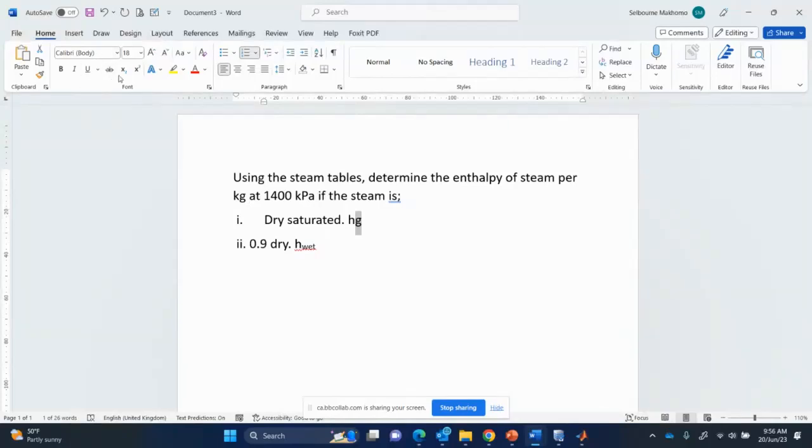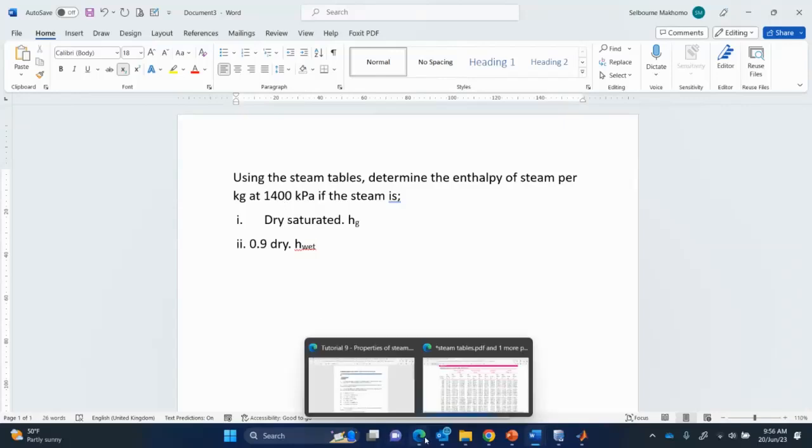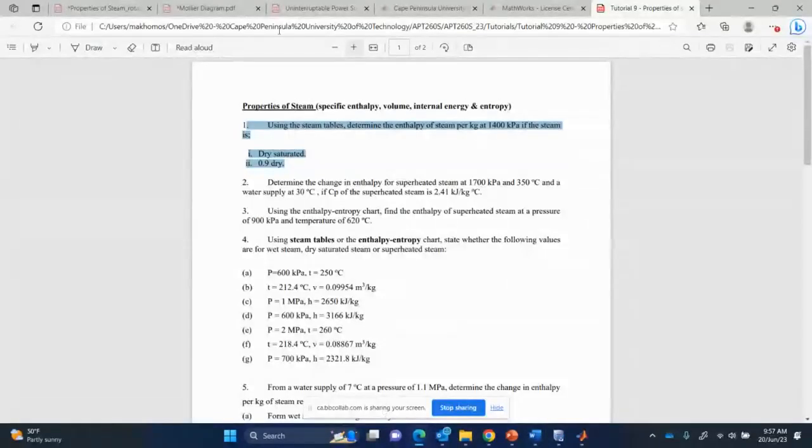So again, I'm going to use two methods that we used before. The first one is going to be the HS diagram. Let's go to the HS diagram. We determine hg at 1400. Where is the Mollier diagram?